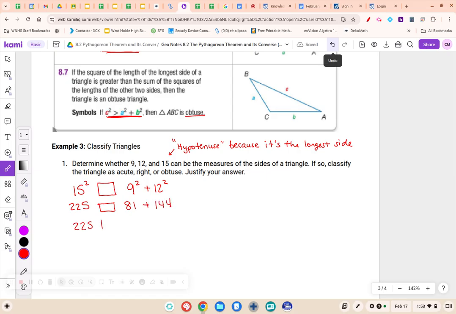On this specific problem, once we finish solving, these do end up equaling each other. So this is right because a squared plus b squared equals c squared.